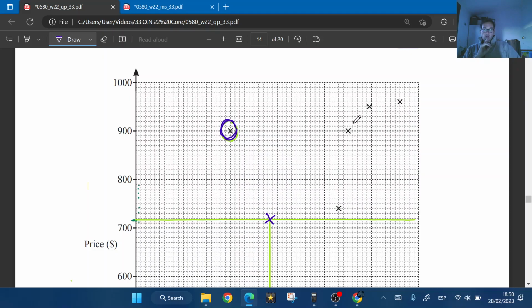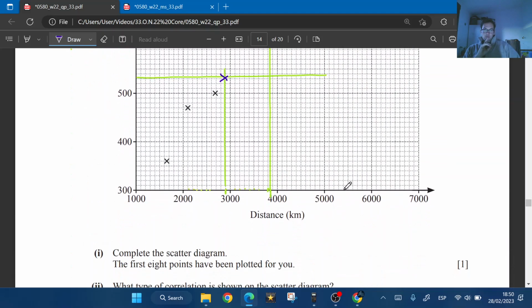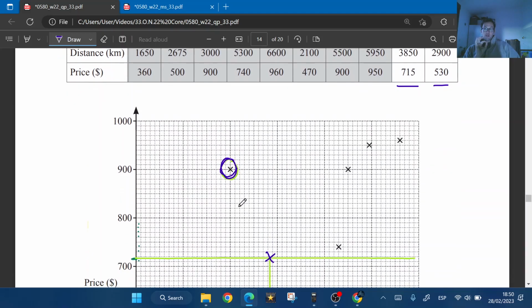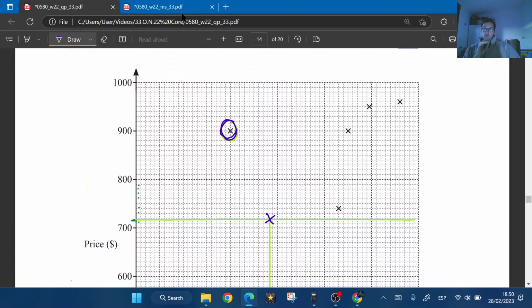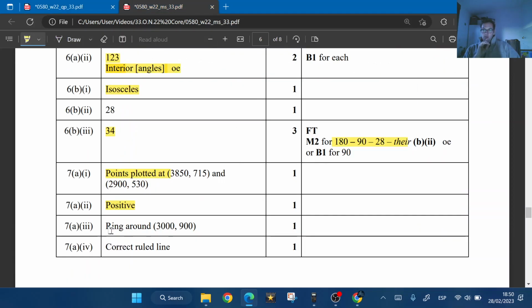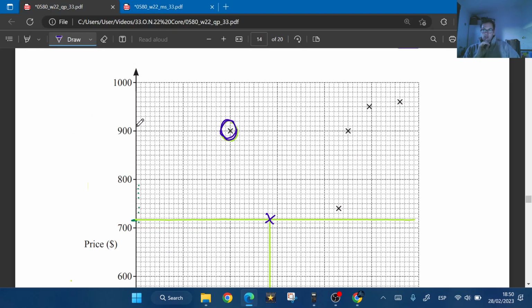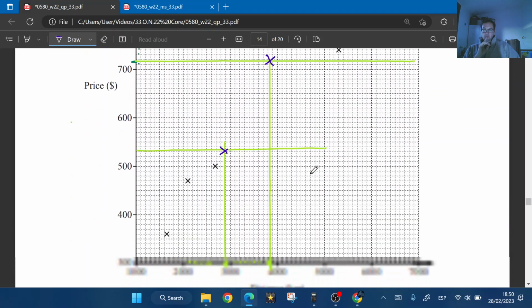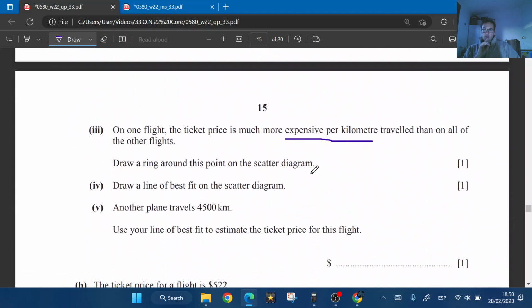And this one over here costs the same price, but you go a lot further. So per kilometer, that one is the most expensive. If you pay a lot, you don't go further, and that's what they mean. Ring around 3,900. So it's the one that's $900 and only takes you 3,000 kilometers. So you have a circle there.